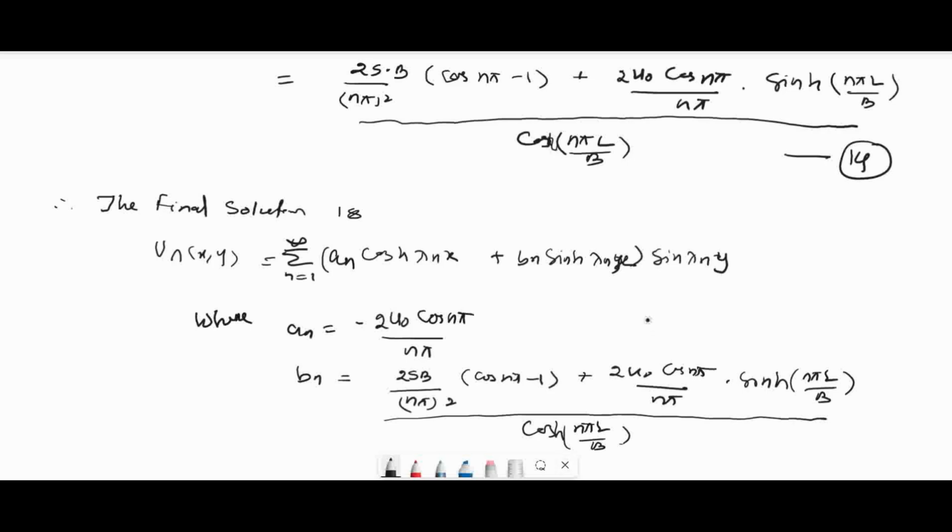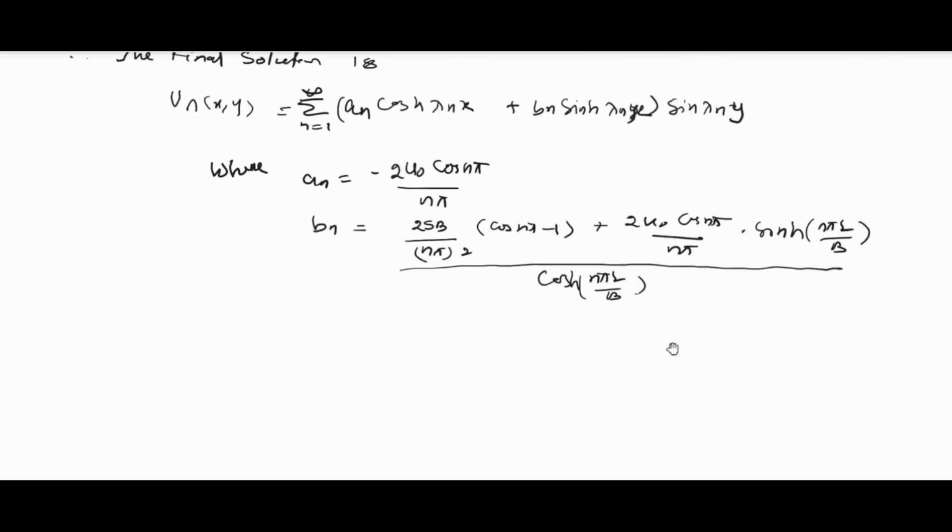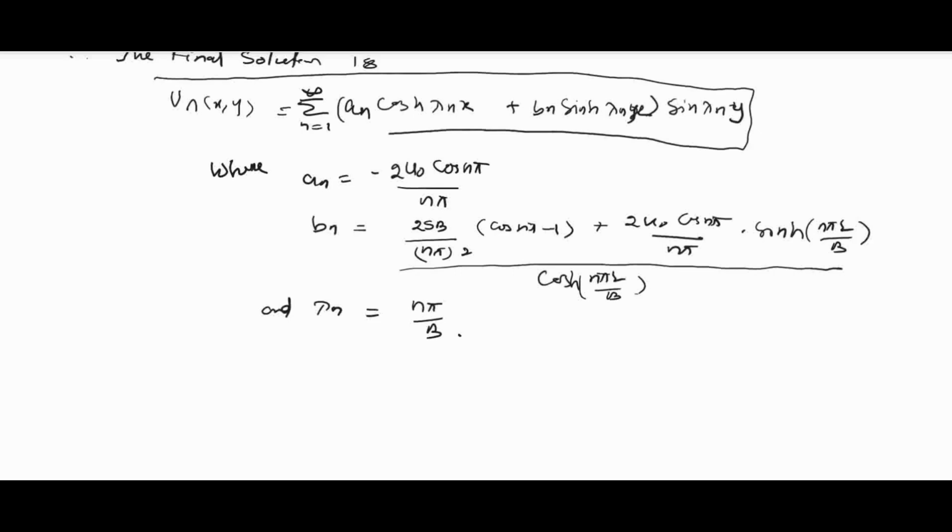Clear about that? So this is bn, and lambda n is equal to n pi by b. So this is the required solution to the given problem.